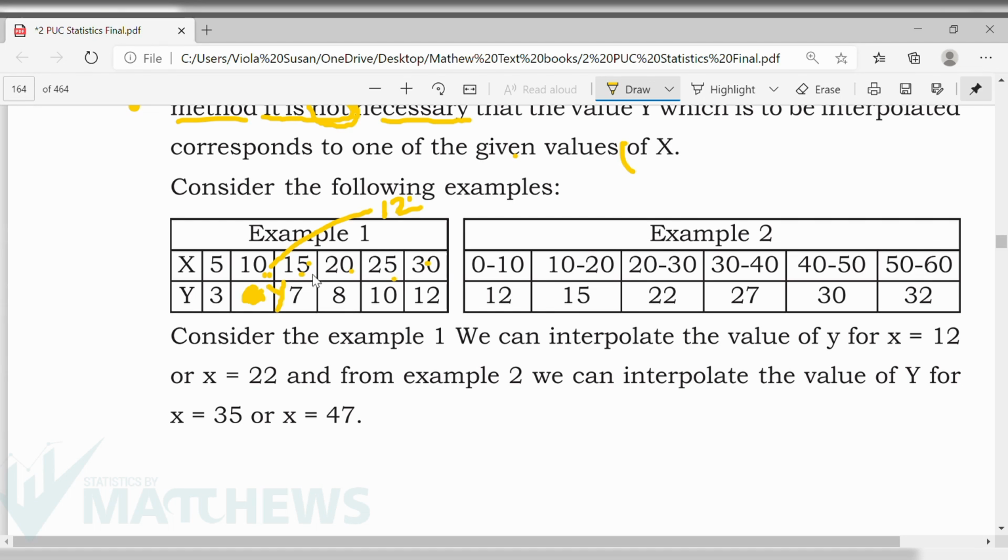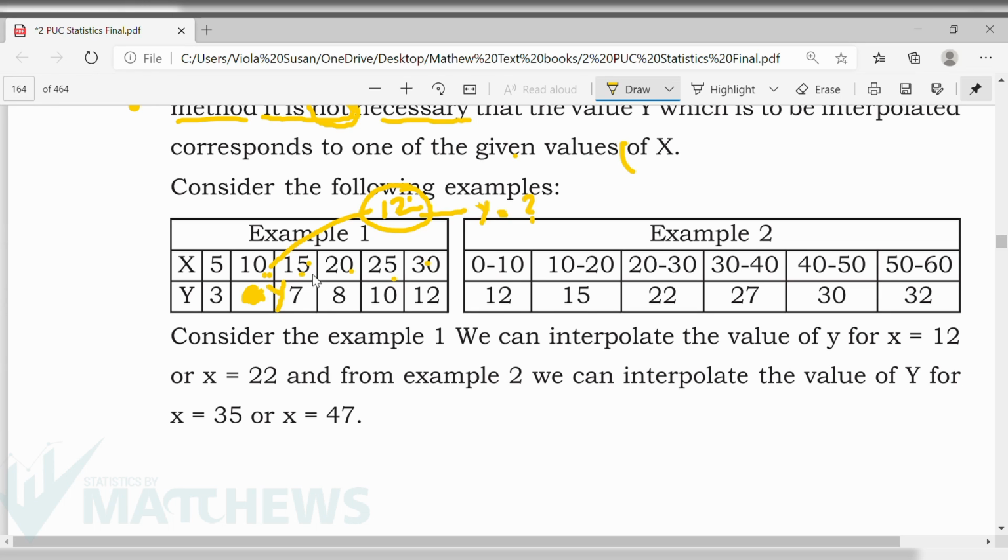That is what it means: it is not necessary that the value of y which is to be interpolated corresponds to one of the given values of x. For a value of x which is not there in the series, we can find the value of y. This is the speciality of Newton's advancing difference method, students.